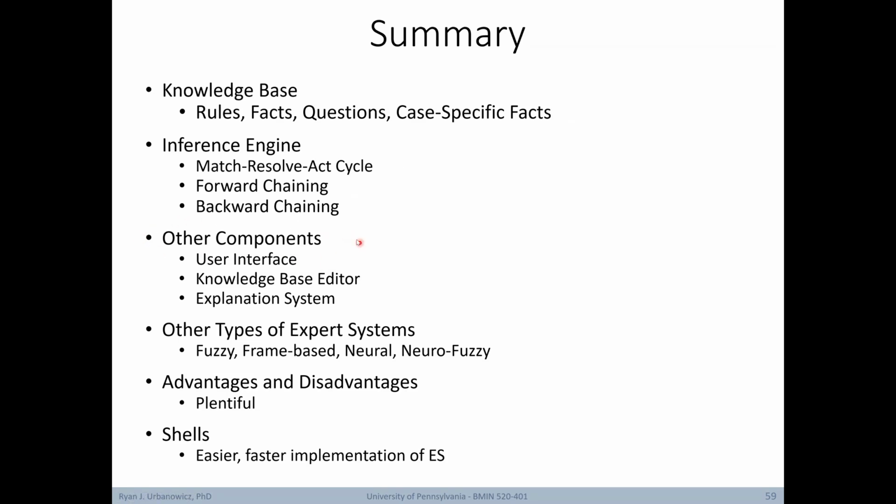We also reviewed some other components, including the user interface, the knowledge base editor, and an explanation system. Then we took a tour of some other types of expert systems, including fuzzy, frame-based, neuro, and neuro-fuzzy expert systems. Then we reviewed major advantages and disadvantages, and then we ended by talking about shells, which make it easier and faster to implement new expert systems.